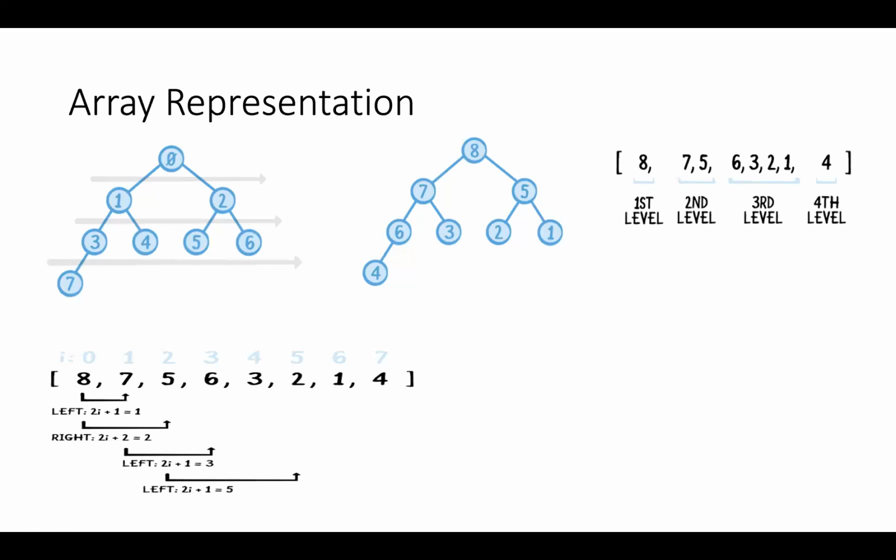For any left child, for that particular index, we multiply by 2 and add 1. So what is the left child of 8? It is 2 into 0 plus 1, which is index 1. So the left child of 8 is 7.